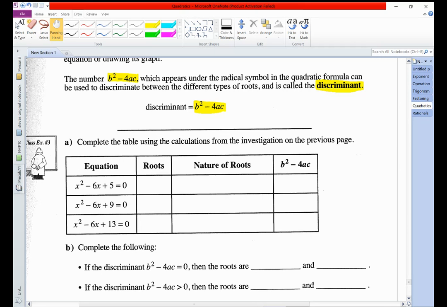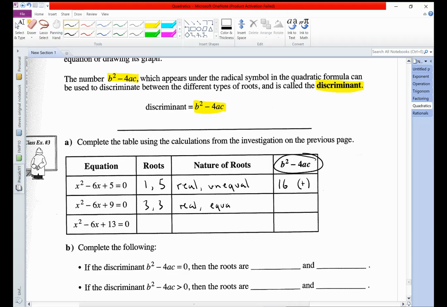So in the first equation on the last page we did, our roots were 1 and 5. So the nature of the roots is that they were real and unequal, and our discriminant in that case was 16, a positive value. In the second one, we had 3 and 3 as our roots, or just 3. They were also real values.